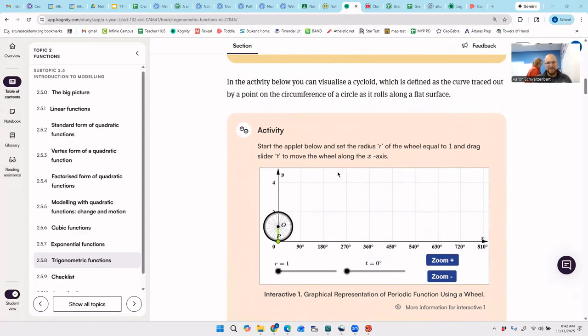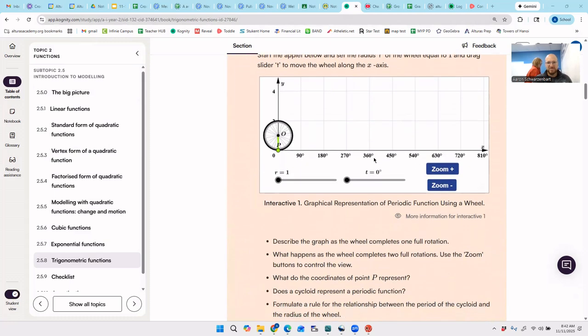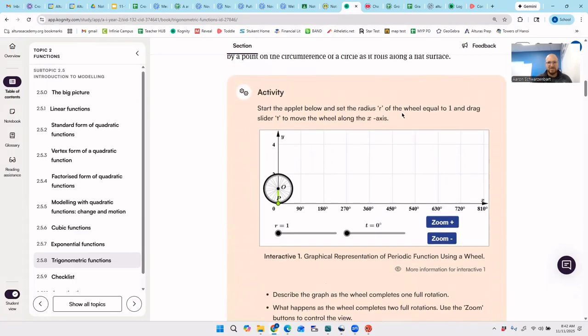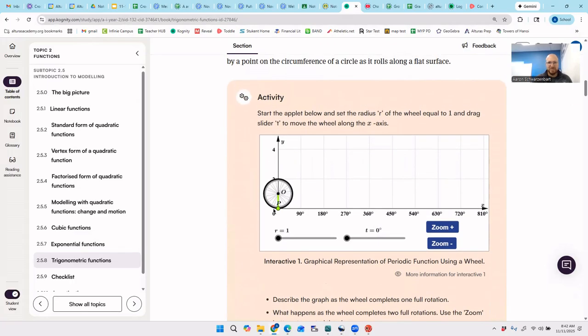They're going to graph out this wheel, which is kind of fun. But the applet. Oh, I can move the T. So we can see what that does, right?